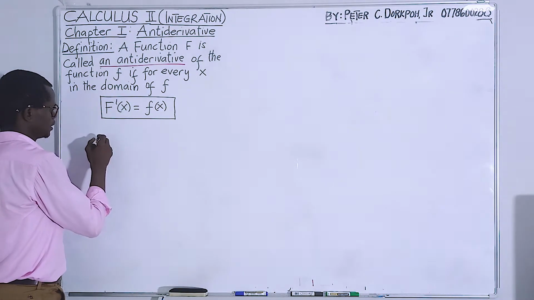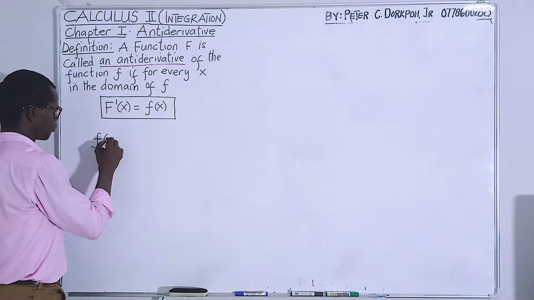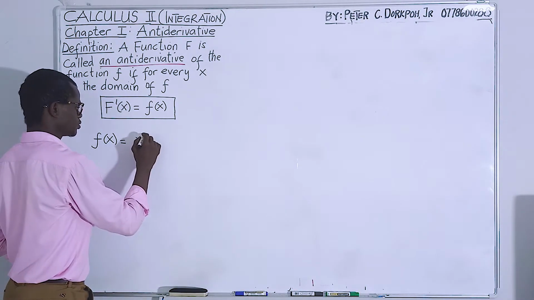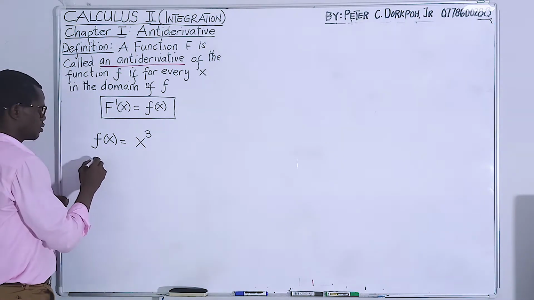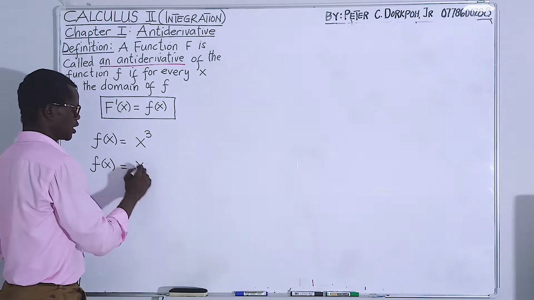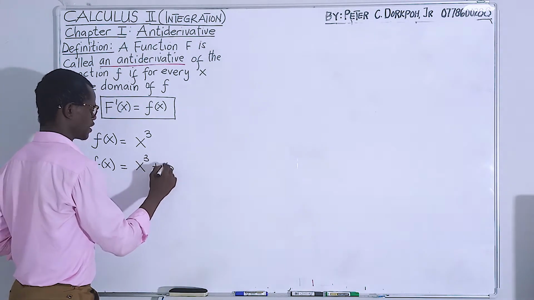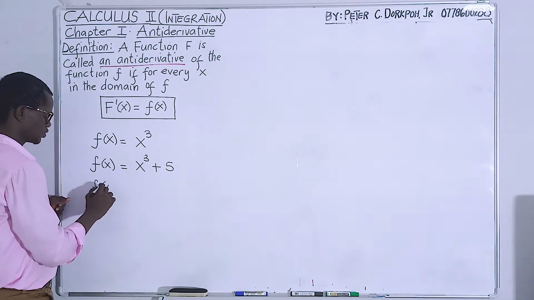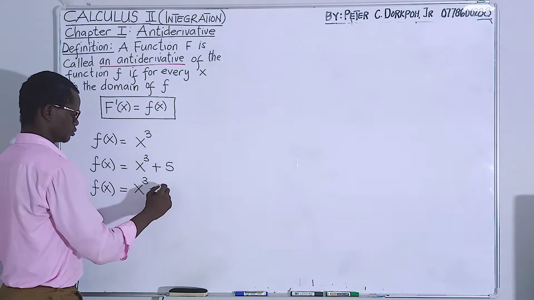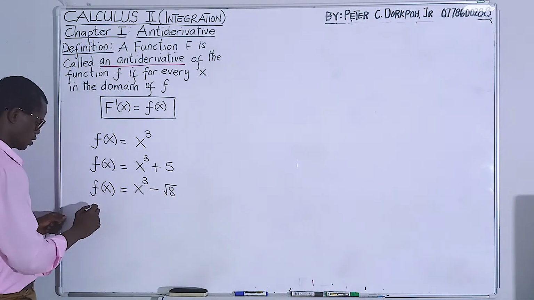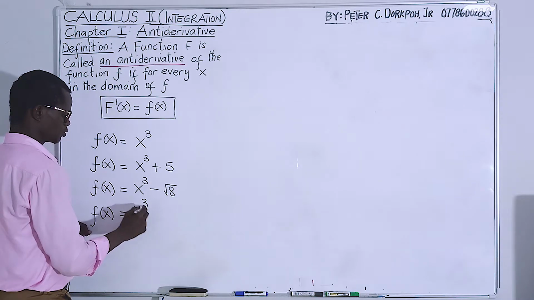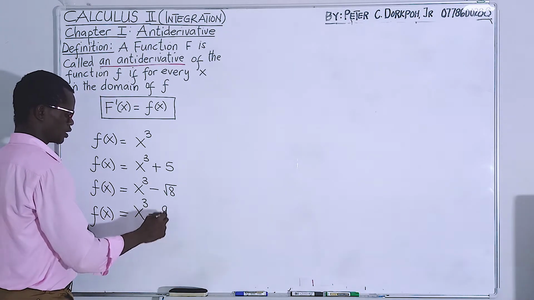What if you had f of x equal to x cubed, and then f of x equal to x cubed plus 5, then f of x equal to x cubed minus the root of 8, then f of x equal to x cubed minus 97.